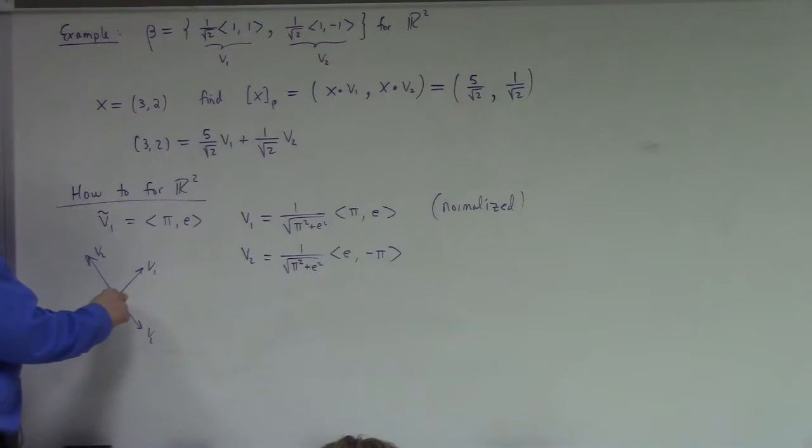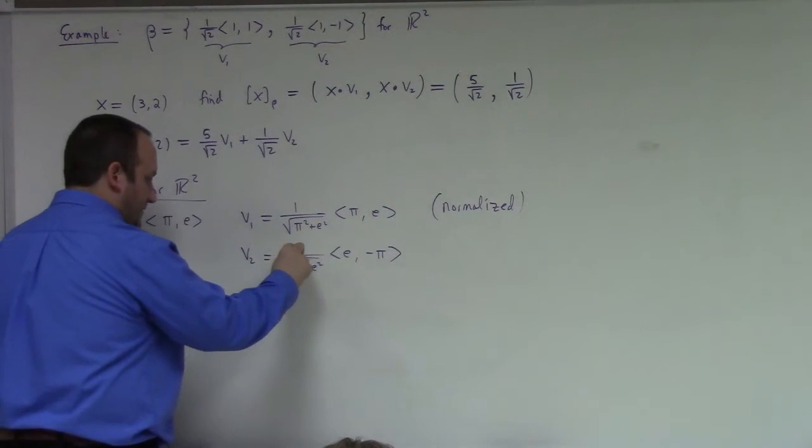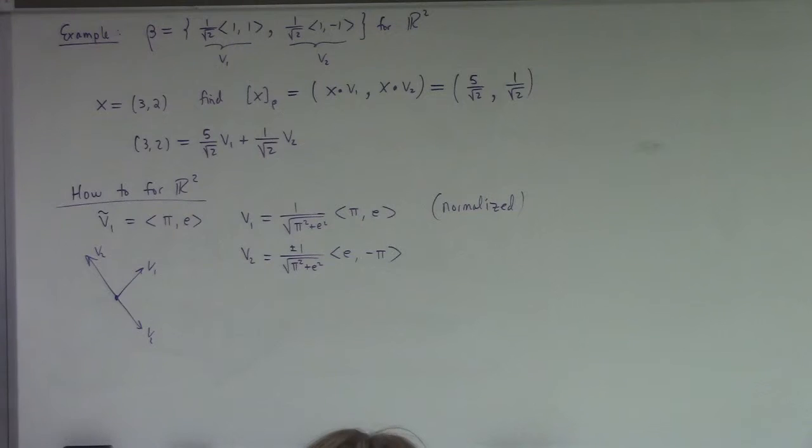You could put plus or minus here, and it'd still work. There you go. That's an orthonormal basis, starting with your delightfully random example of (pi, e). We can play this game for any non-zero vector. You normalize it, switch the x and y components, slap a minus on it, and you have an orthonormal basis for R2. How do you do it for R3?